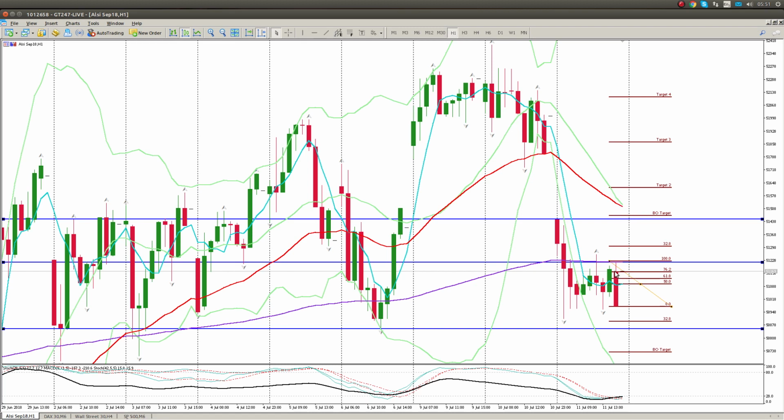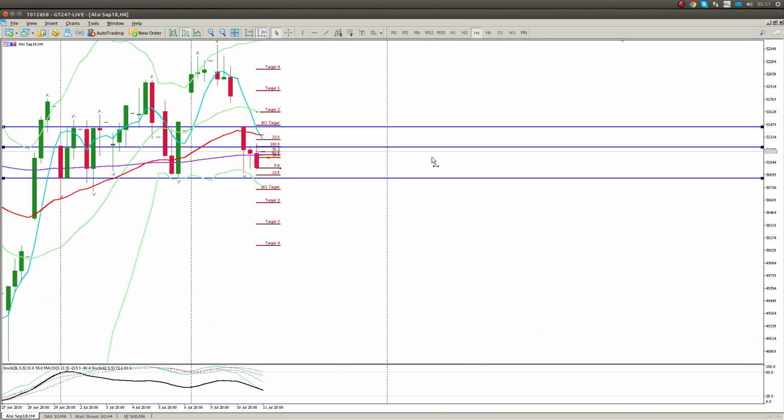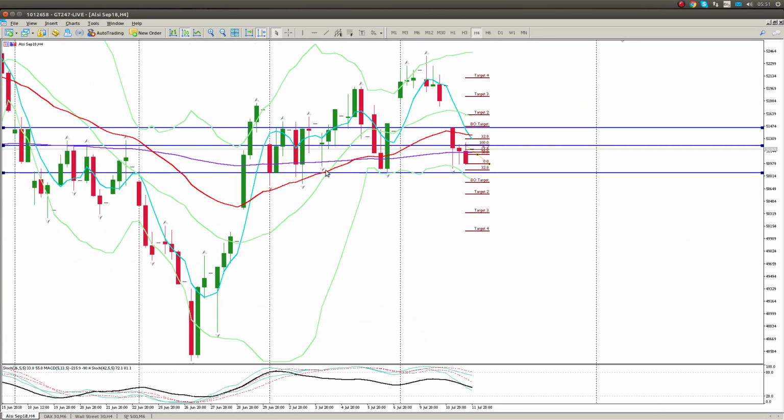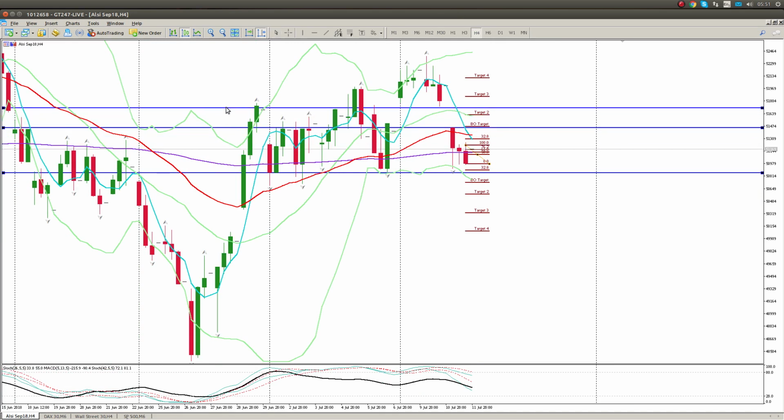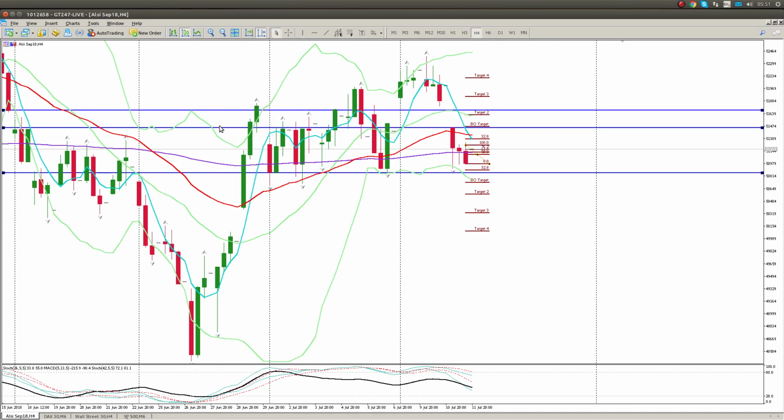So that's my outlook for today. I'm looking for a bounce off this bottom, and whether it's a bounce back to the top of the range or just a bounce and then a break. For me, we've had a range, and then it's broken to the upside, and now we've come back into the range.